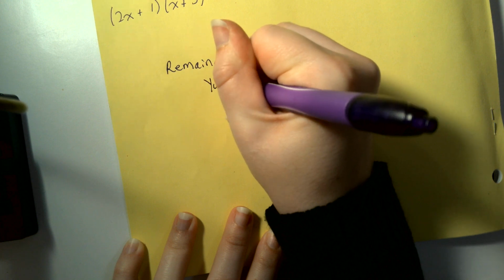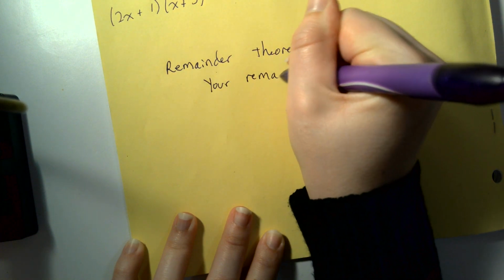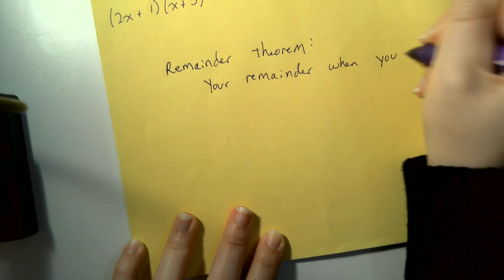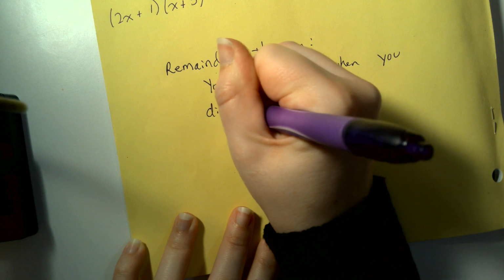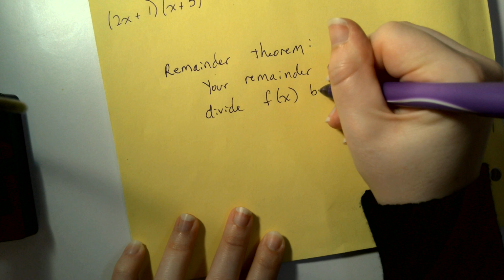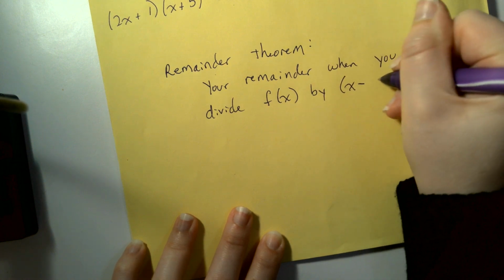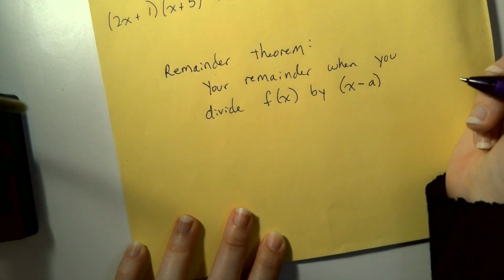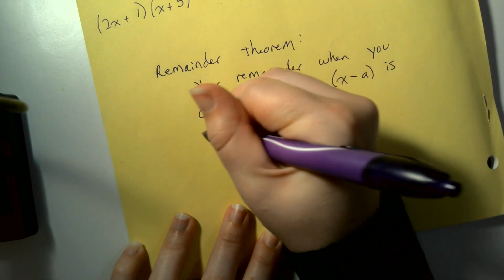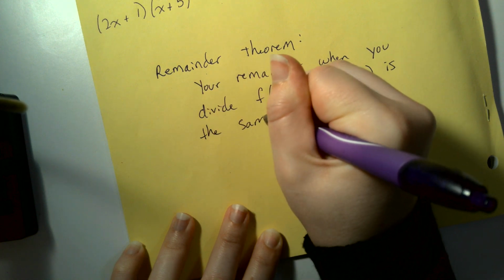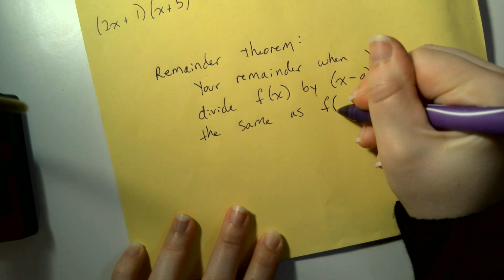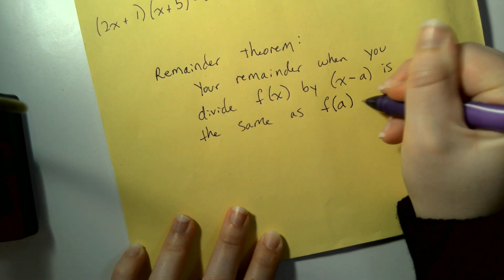Your remainder when you divide your function, we'll say f of x, by x minus a, where a can be any number, is the same as what you get when you plug in a. So it's the same as f of a.